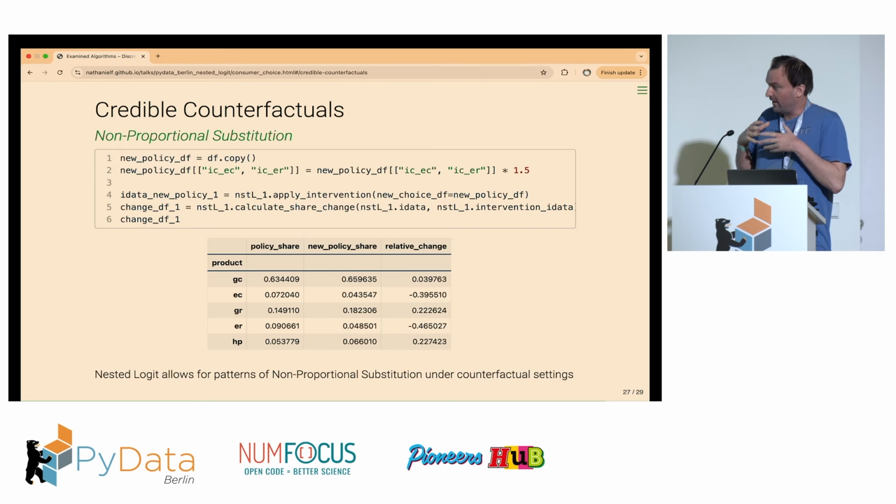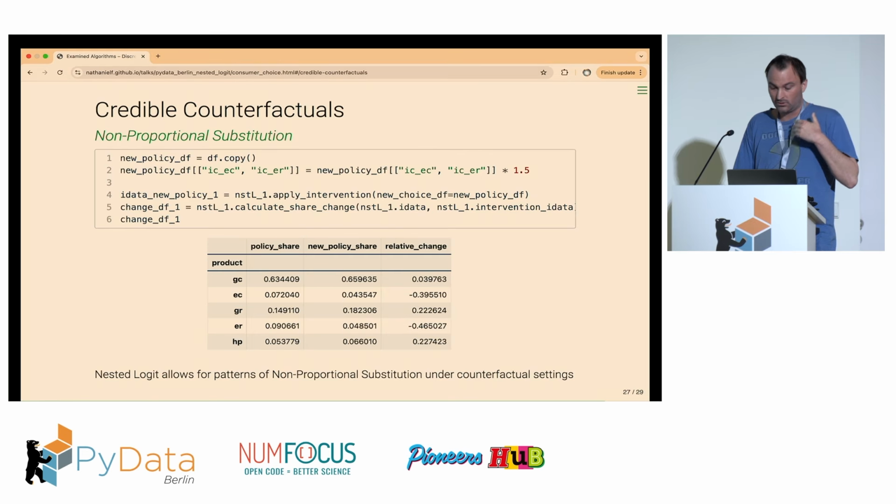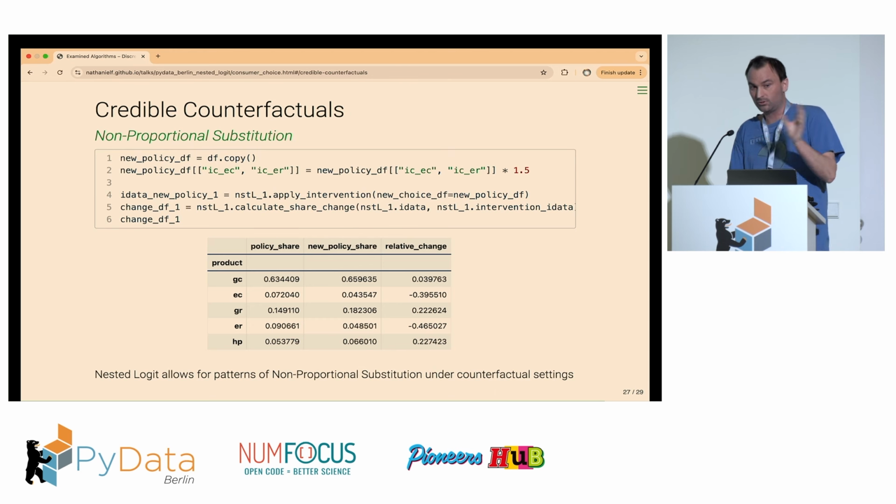We have made the model more complicated by introducing the structure, but it now supports more plausible counterfactuals. The IIA problem exists, but it only exists within a nest, not across the nests. And so by adding this structure to the model, we've made the comparison class for consumer choice more realistic.